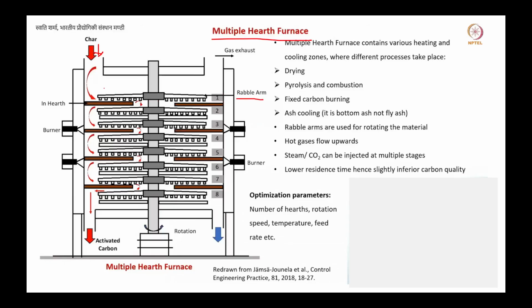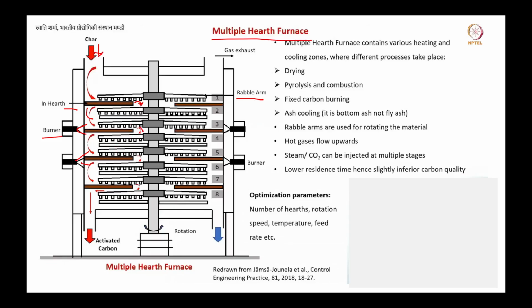And this is the hearth, and here will be your burners, which give you the temperature. There will be a lot of burners, and the char will come from here to here, and then here to here.